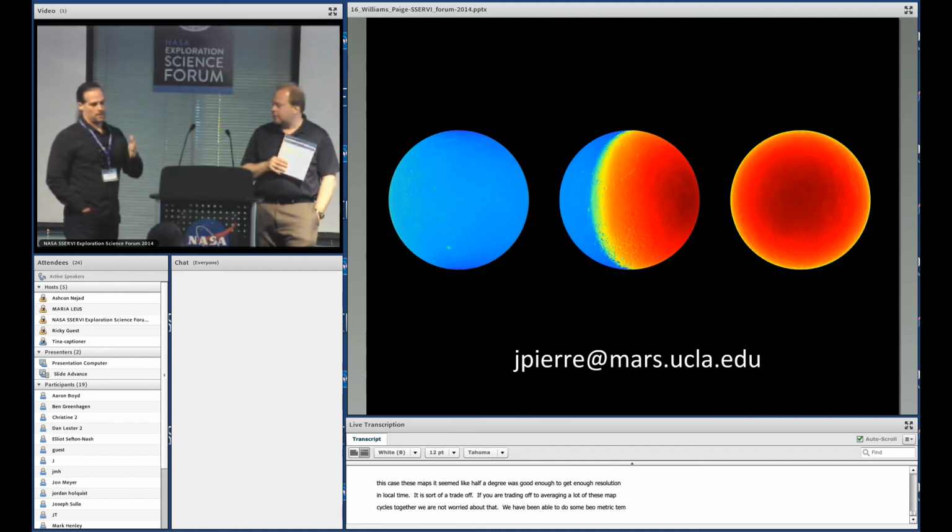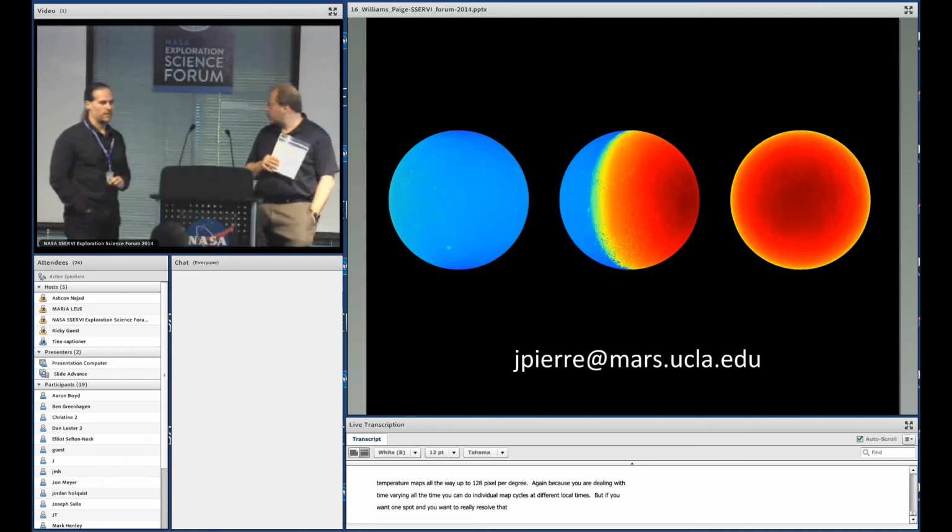But again, because you're dealing with time varying all the time, you can do individual map cycles at different local times. But if you want one spot and you want to really resolve that diurnal curve, you've got to be careful, you can't go too high in your resolution. But again, the more data we collect, the better we can make these.